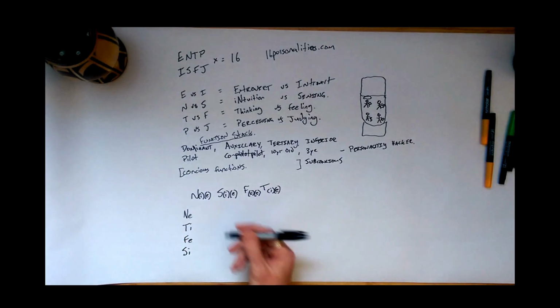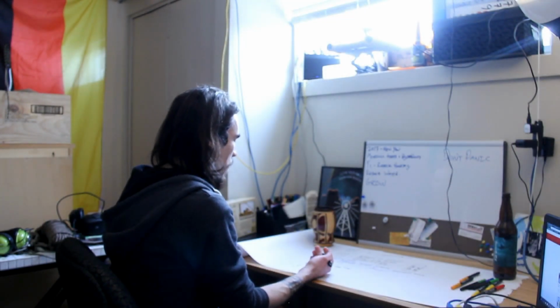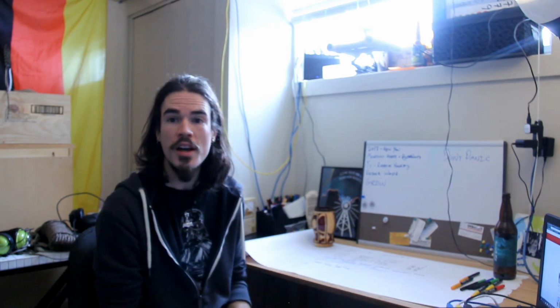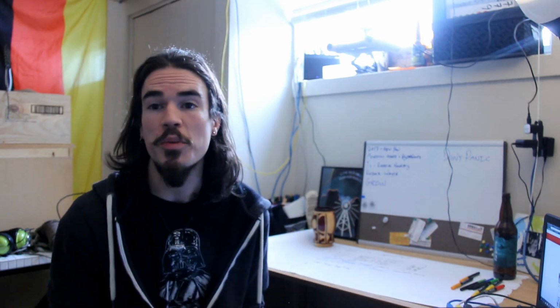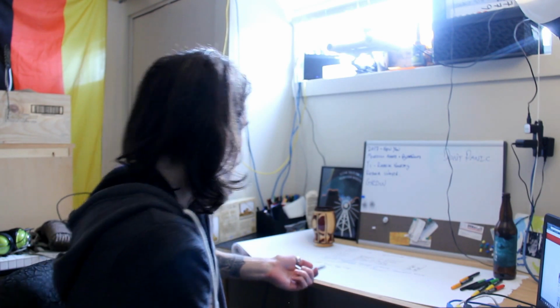And then I have all my shadow functions, which is basically the exact opposite. We call them shadows because they're not really there, but they can sometimes pop up when you're under cognitive stress, which is any kind of stress that you could be under. It could be anything that causes you to behave out of character or out of type. But we won't get too much into that right now. So that's basically your function stack.